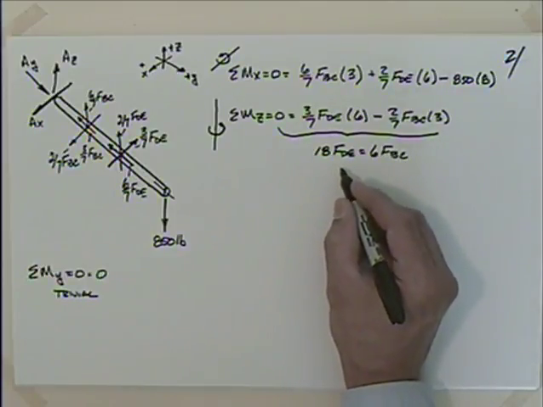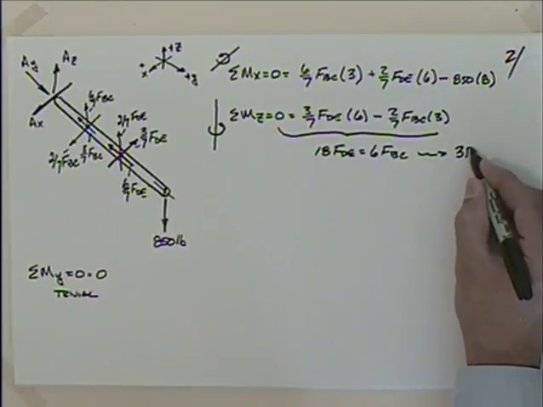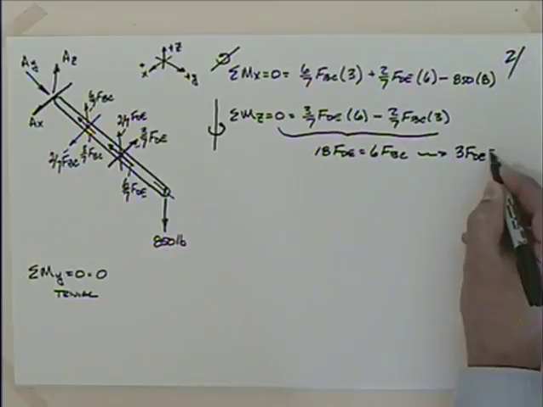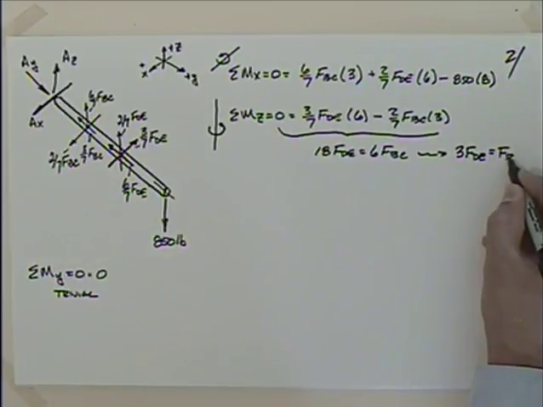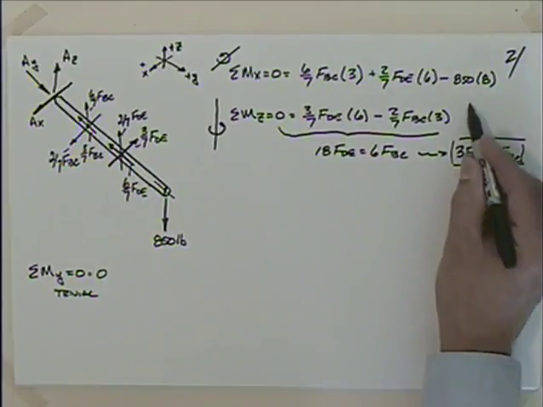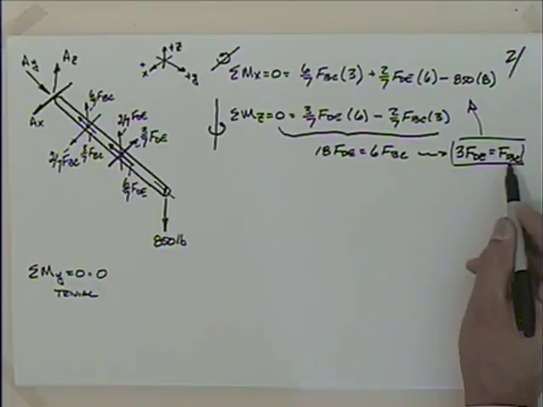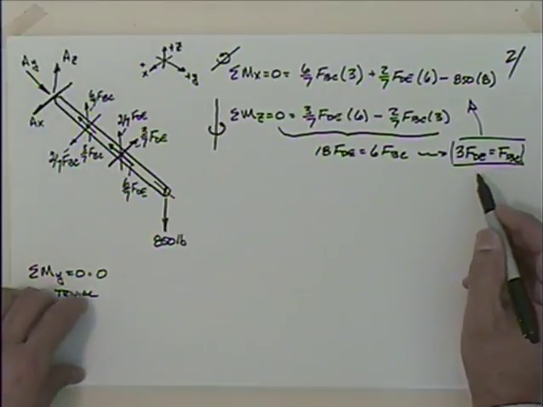So I've got that 3 FDE is equal to FBC. Well, that's a nice intermediate step, because I could substitute that back up into that equation right there, right? 3 FDE is equal to FBC.